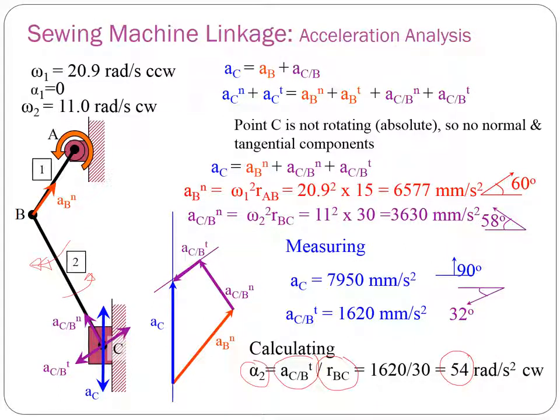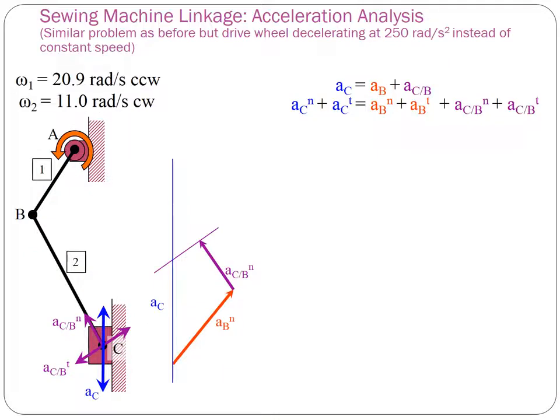Okay, let's go next. So what if this sewing machine has angular deceleration? In this case, the drive wheel is decelerating at 250 radian per second square instead of constant speed. So getting the value of omega 1 and omega 2 just now, and listing down the components of the acceleration, we now got ACN plus ACT.